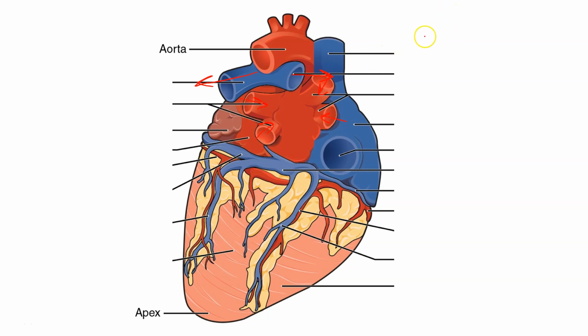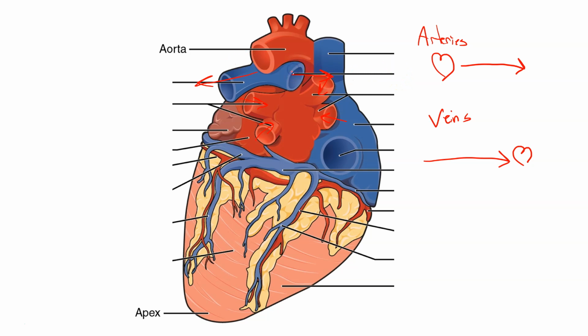So the true convention is this: arteries are vessels that carry blood away from the heart, and veins are vessels that carry blood toward the heart. And 99.9% of the time, the arteries are oxygen rich and the veins are oxygen poor.